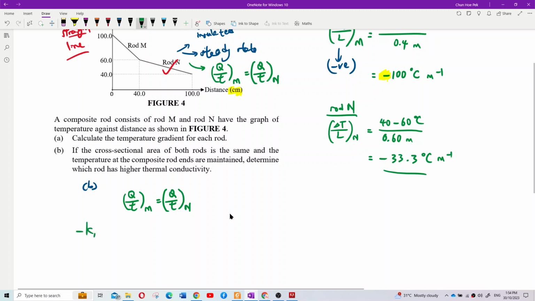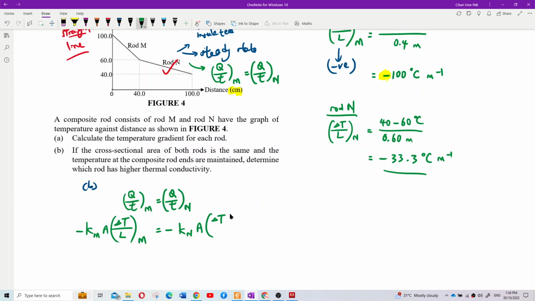Negative k_M area delta T over L for M equals negative k_N area delta T over L for N. We know that M has a bigger gradient and N has a smaller gradient.